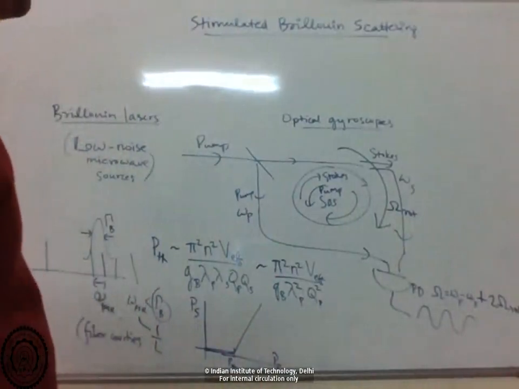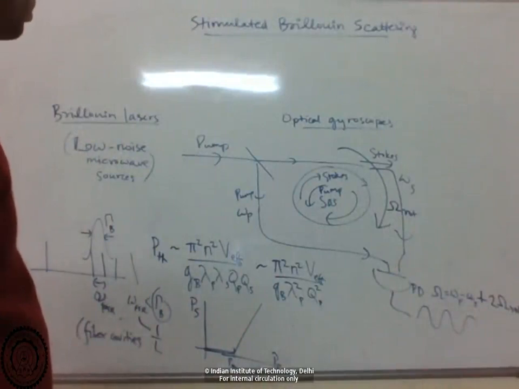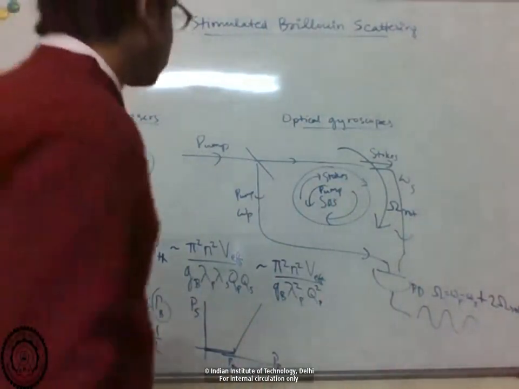In this diagram, the pump is going in the forward direction, so the Stokes should be going in the opposite direction to that of the pump in the fiber. I guess I drew this wrong.